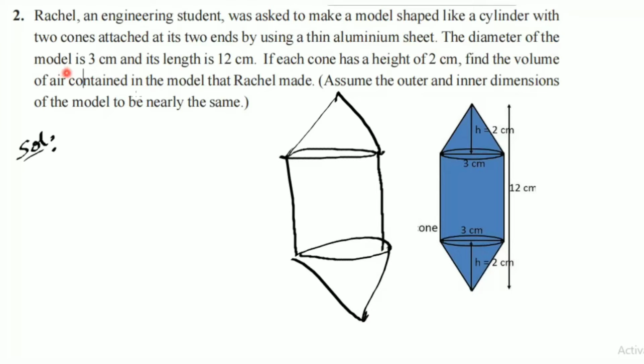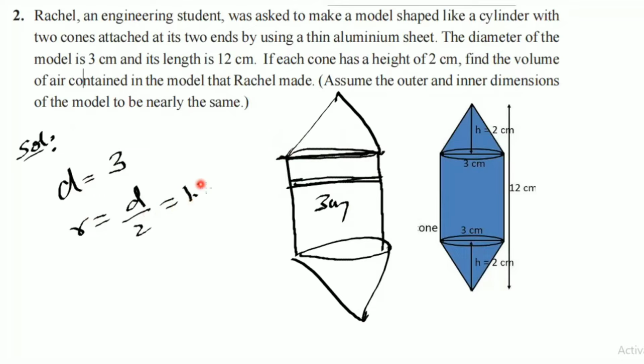The diameter of the model is from here to here. It is 3 centimeter. Then the diameter of the cone is also 3 centimeter. If diameter is 3 centimeter, then radius will be d by 2, which is 1.5 centimeter.